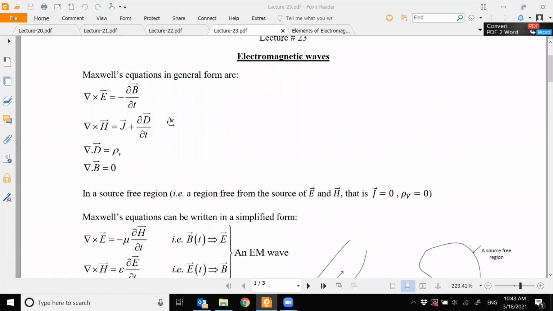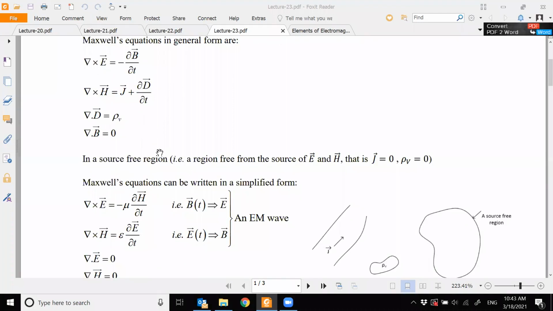This is my starting part. These 4 generalized equations, as we know very well, apply in a source-free region. Whatever we are doing here, we are considering a source-free region. You can think of air or atmosphere where you do not have any sources, so charges and currents are all 0.